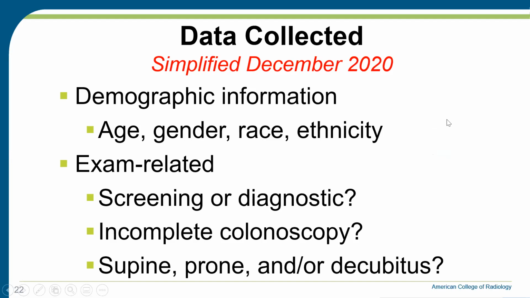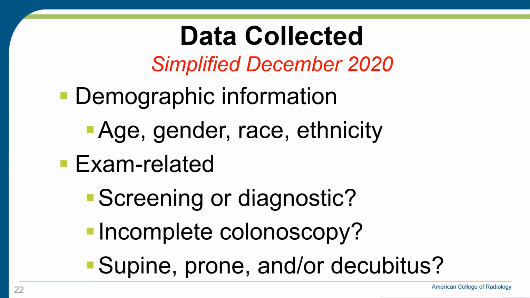Information that we collect includes demographic information such as age, gender, race, and ethnicity. We also collect information that's exam related. Specifically, was it a screening CTC or a diagnostic CTC? We ask if it was performed following an incomplete colonoscopy. And then we do have other exam related variables such as whether the acquisition was supine, prone, or decubitus.